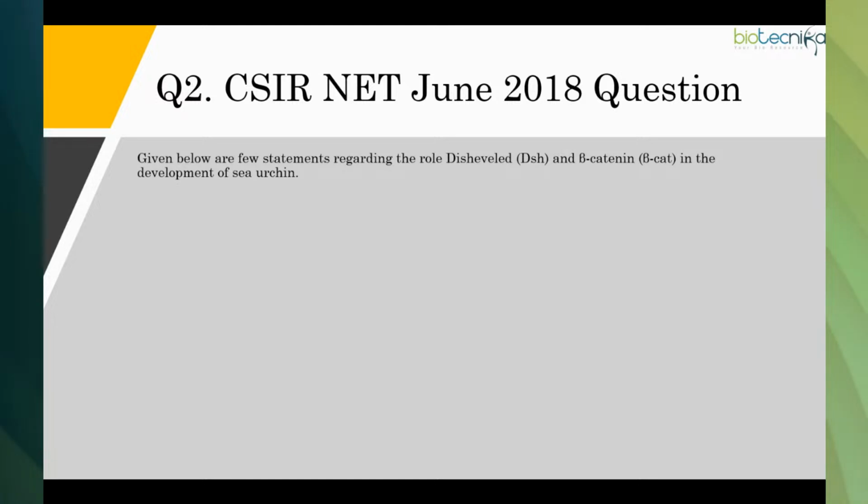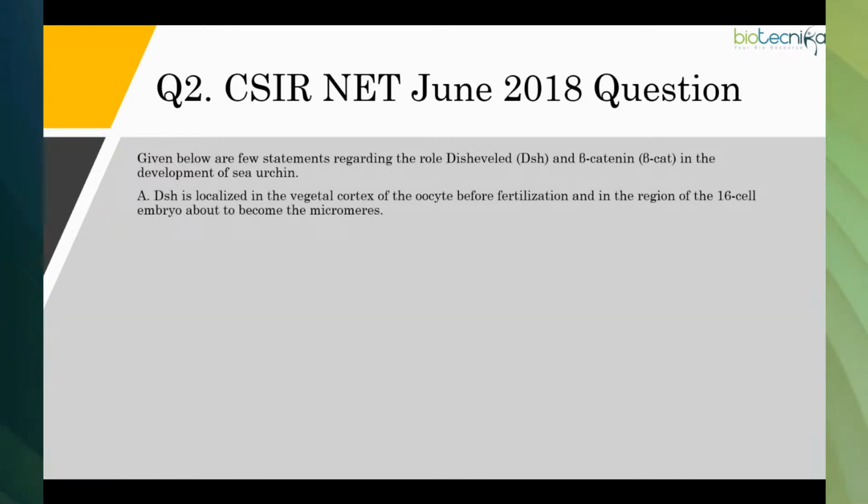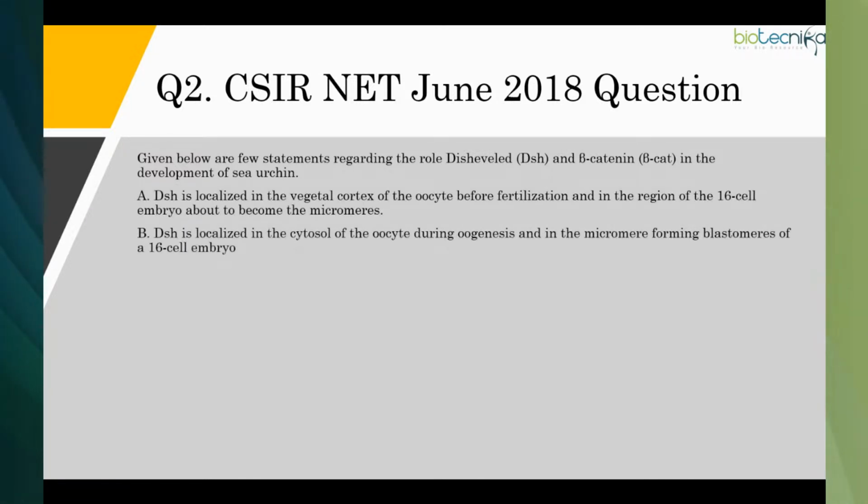Given below are a few statements regarding the role disheveled and beta catenin play in the development of sea urchin. So this is regarding sea urchin. Here, this is a question on opposing statements. One says DSH is localized in vegetal cortex, another says DSH is localized in cytosol of the oocyte.